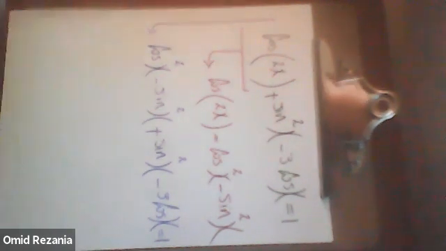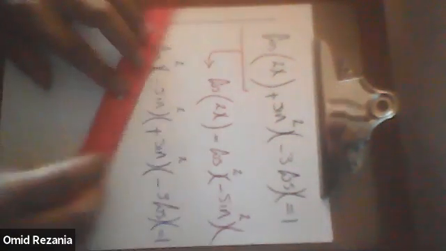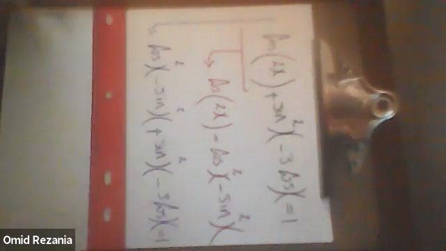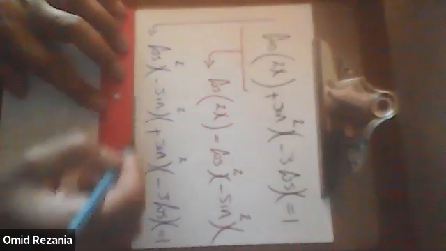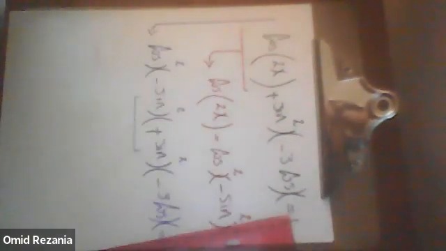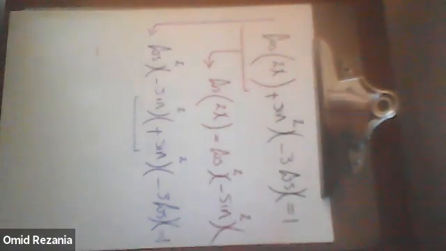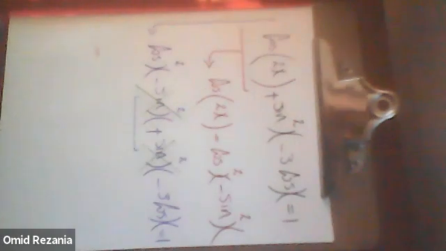Now look at this one. If I want to continue further, look at these two terms: minus sine squared of x and plus sine squared of x. What do I get? These two vanish, because both of them are the same thing with plus and minus signs respectively.